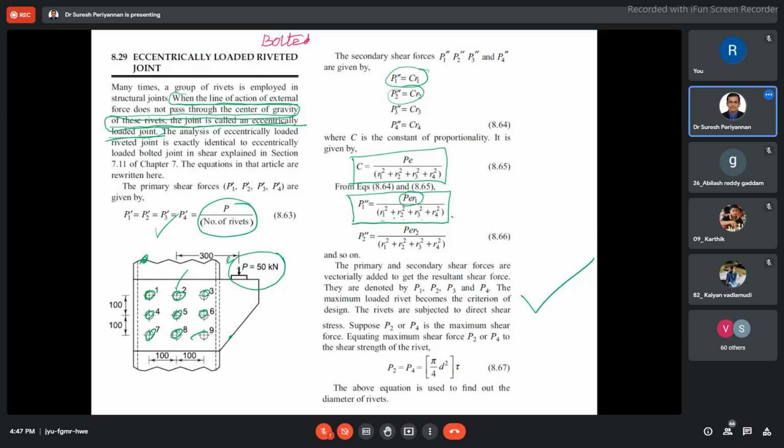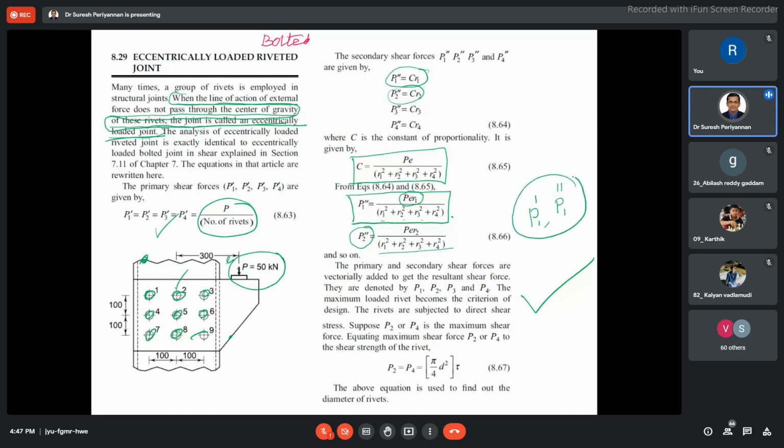Similarly, P2 double dash, the secondary shearing force at rivet 2, is P into the eccentric distance, into r2, divided by r1 square plus r2 square plus r3 square.